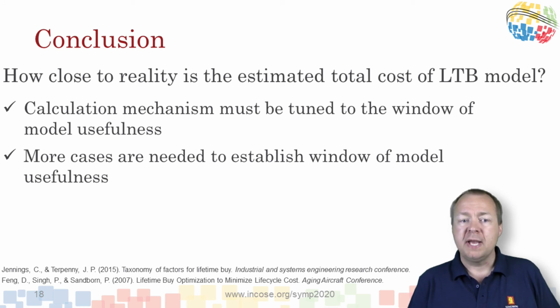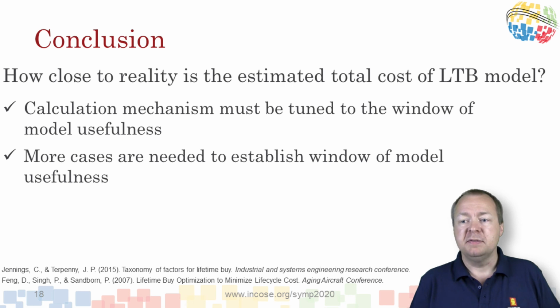How close to reality is the estimated total cost of last time buy model? The paper has two references using an overhead cost factor of 20 and 5%. KM has selected a strategy of spending as little money as possible until the component is needed in assembly manufacturing. Because of this choice, KM's overhead cost factor is closer to 5 than 20%.